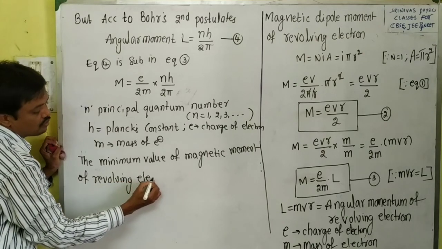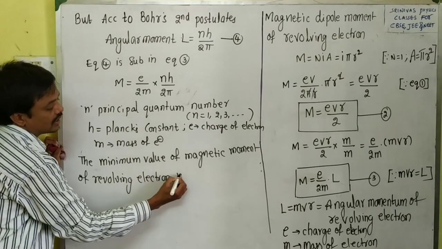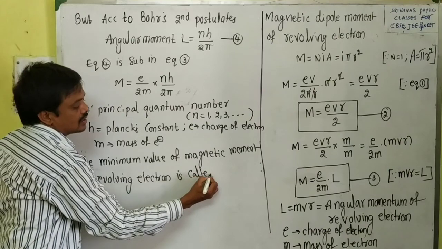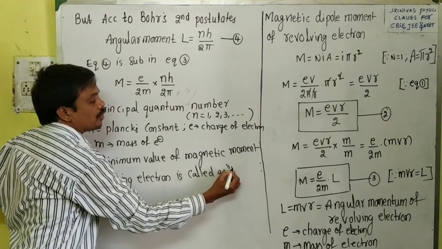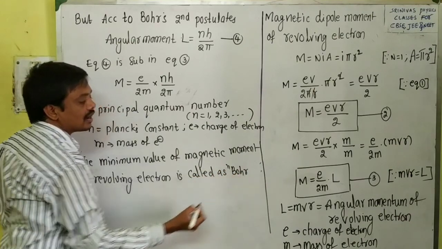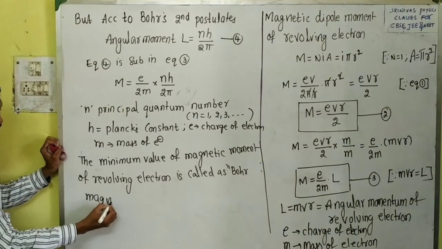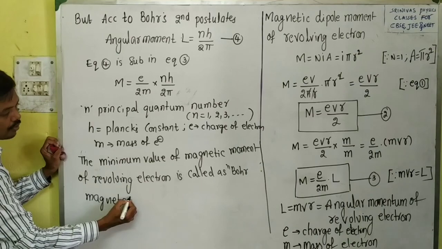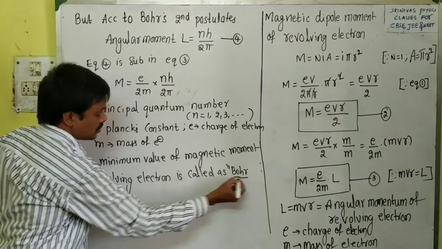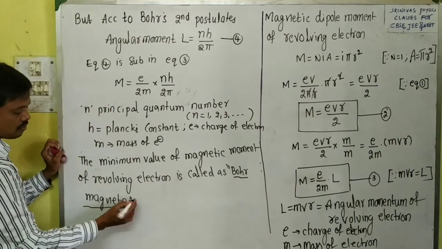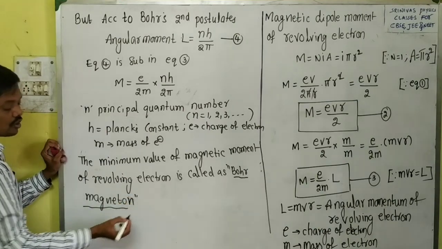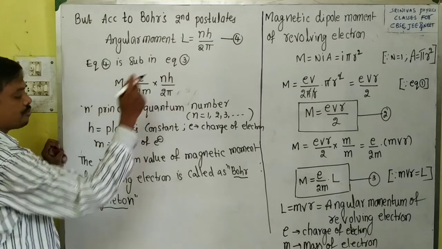The minimum value of magnetic moment of revolving electron is called Bohr magneton. Which is called Bohr magneton? The minimum value of magnetic moment.